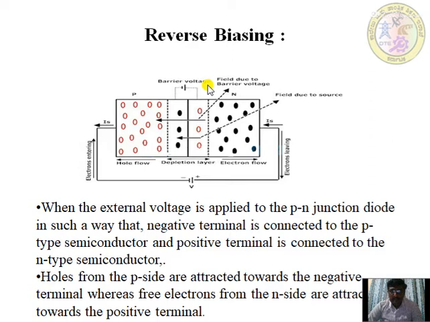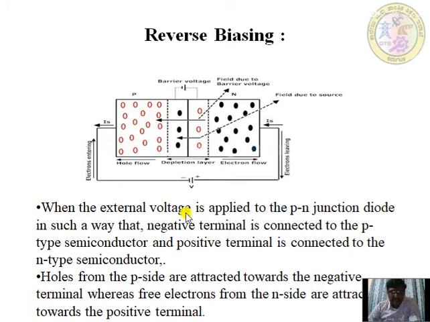Now the positive terminal is connected to the N side and the negative terminal is connected to the P side. Here you can see the electron flow as well as the hole flow, and the depletion layer is widened due to the source. This is the barrier voltage we have been crossing.